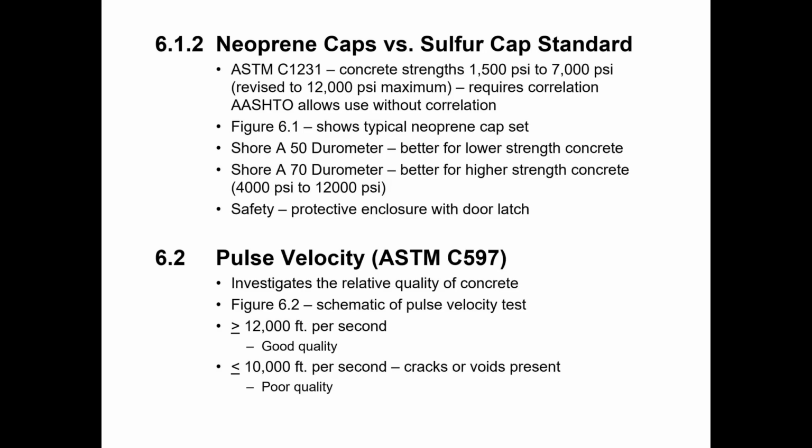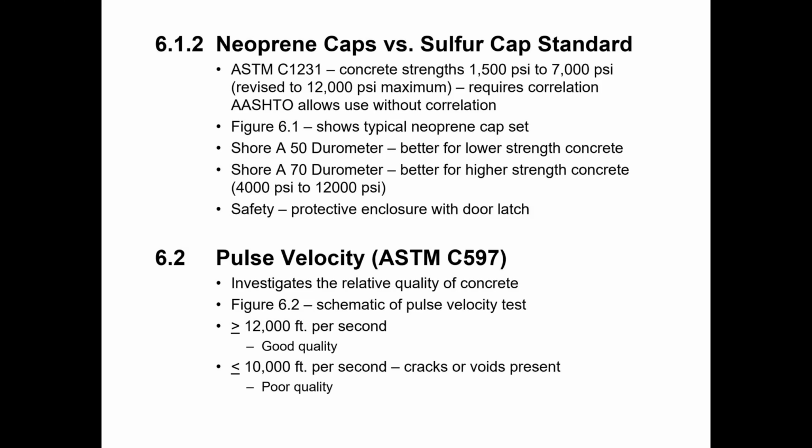The hardness of the neoprene is dictated by the concrete strength. So we should use a Shore A 50 durometer pad for lower strength concretes. Generally, for concretes less than 7,000 psi, we should use a 50 durometer pad.